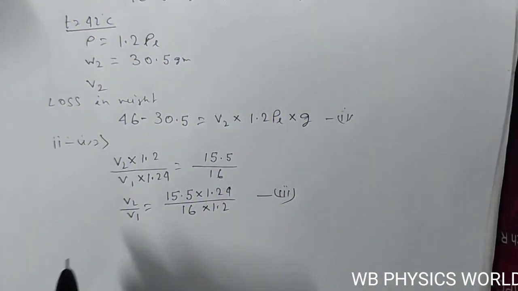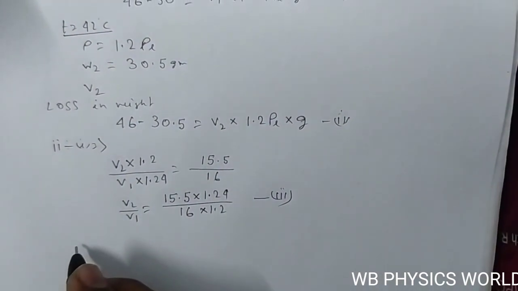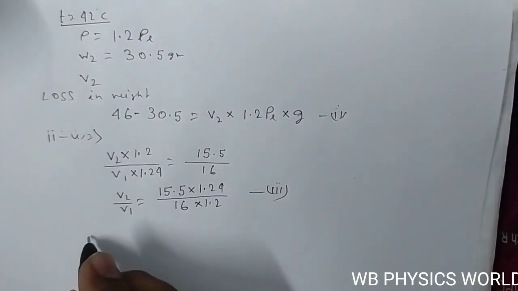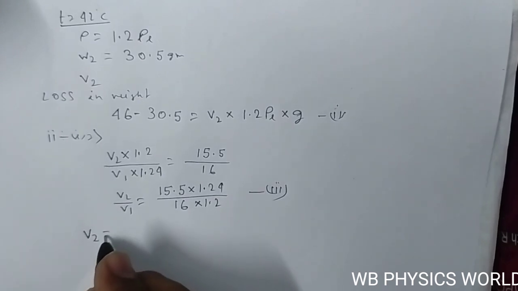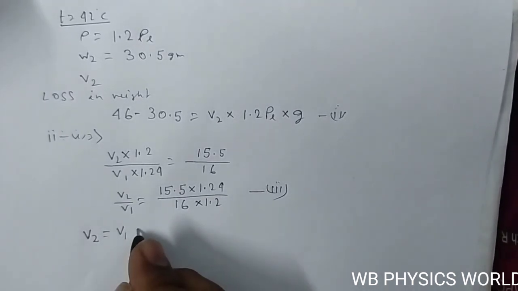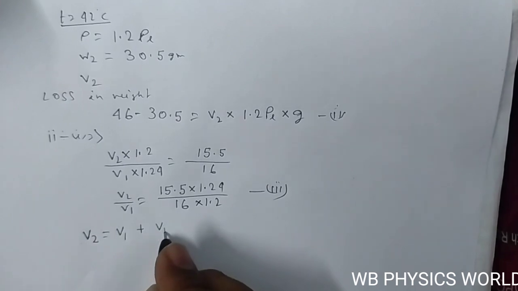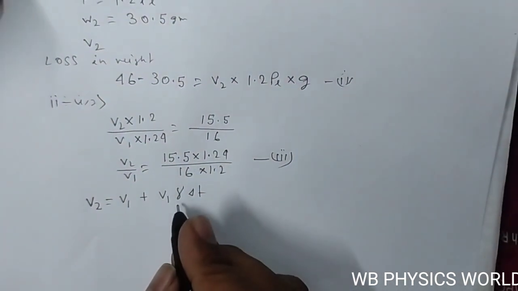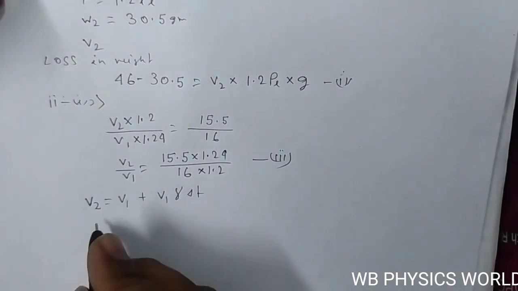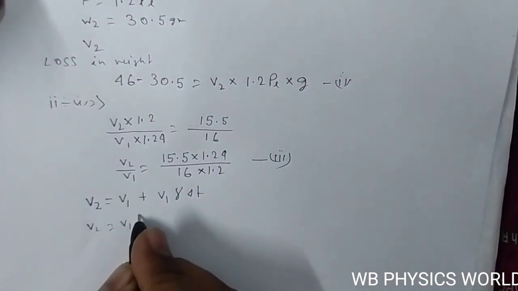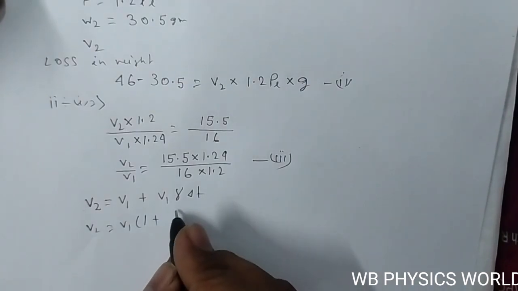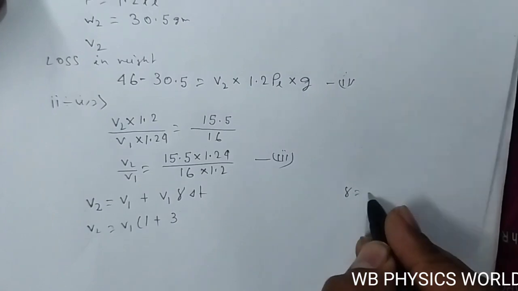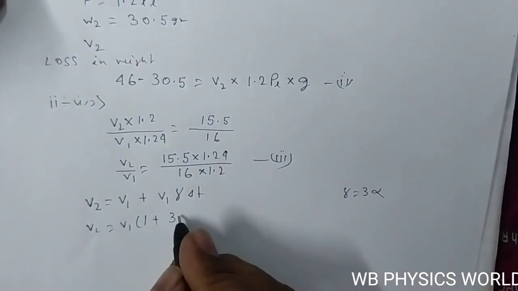Now we know that for thermal expansion, if V1 is the initial volume and V2 is the final volume, then V2 equals V1 into 1 plus gamma delta T. Here gamma is the volume expansion coefficient, and if alpha is the linear expansion coefficient, then gamma is equal to 3 alpha.